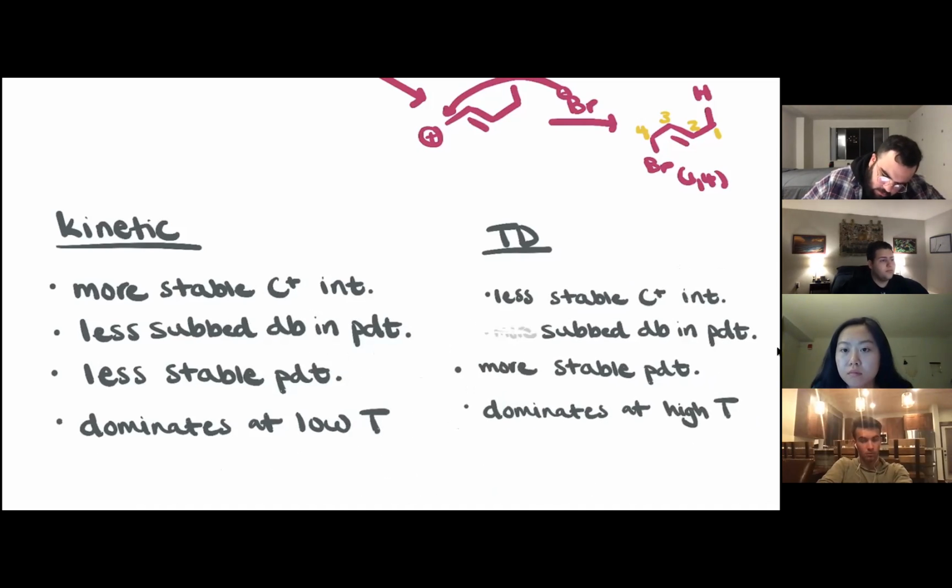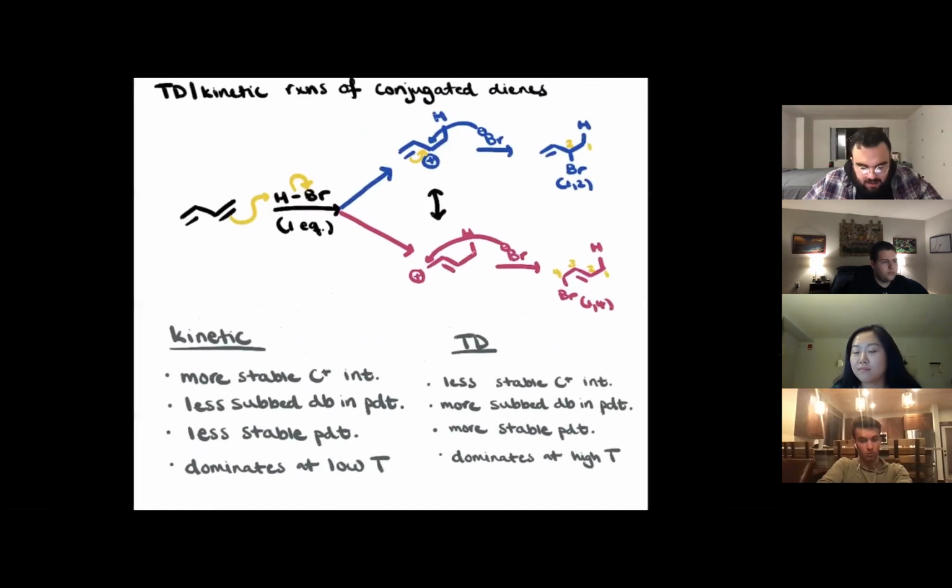Okay. So very, very useful to know how to control your regiochemistry. So now looking at these two, when we analyze this, we see that for our kinetic product, we see our more stable carbocation here because it's secondary versus the other one being primary.